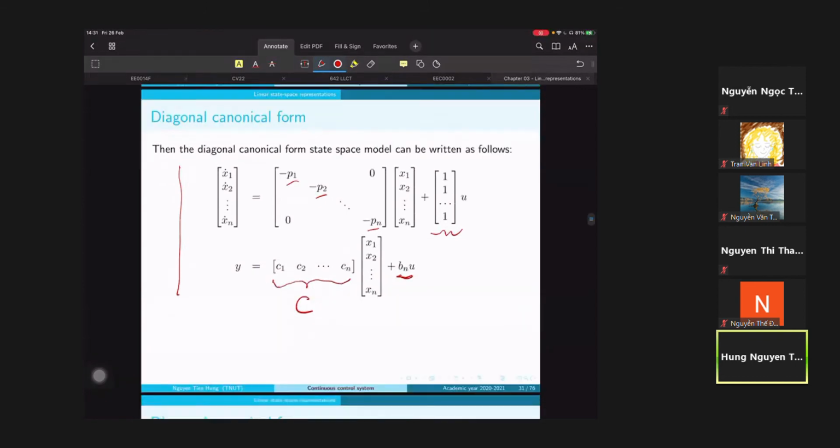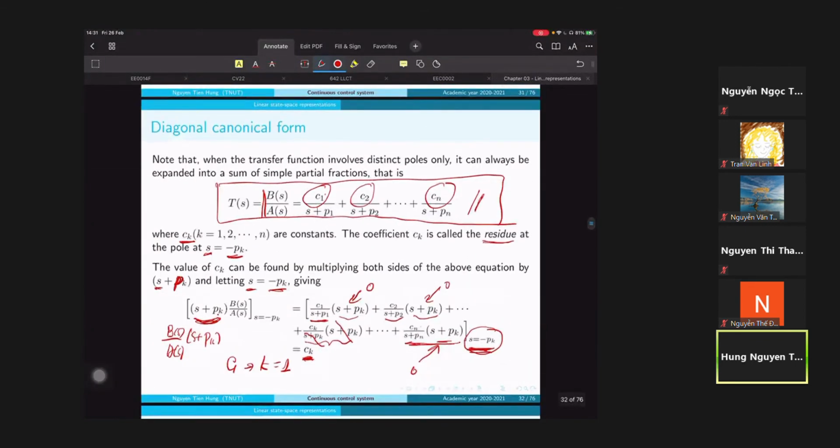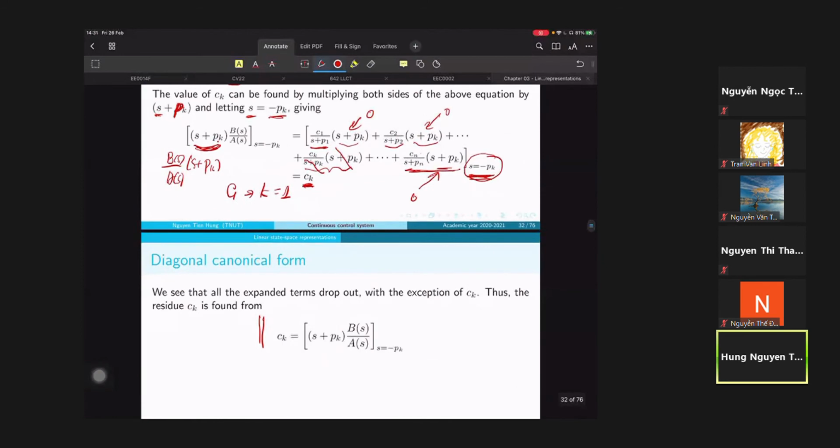And Bn in this case is 0. And to find any Ck, you can follow this equation, or in compact form, this.